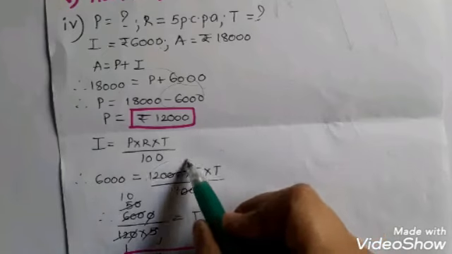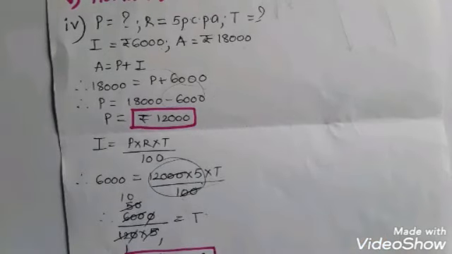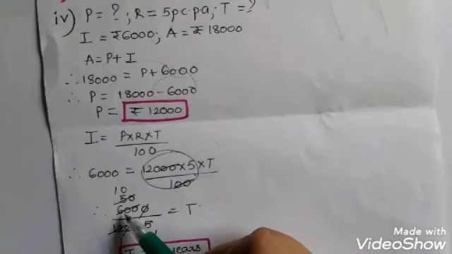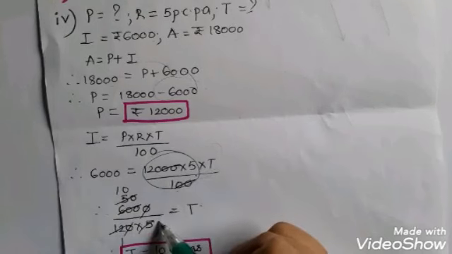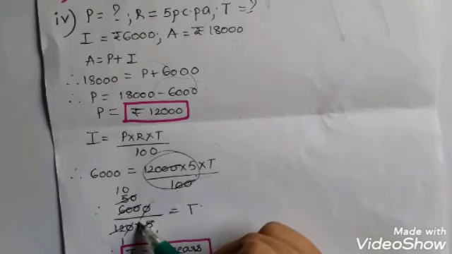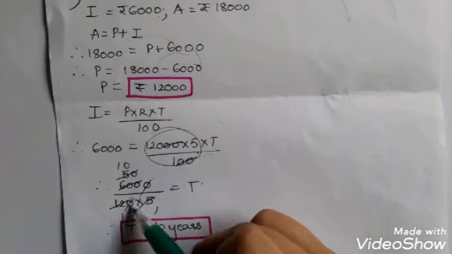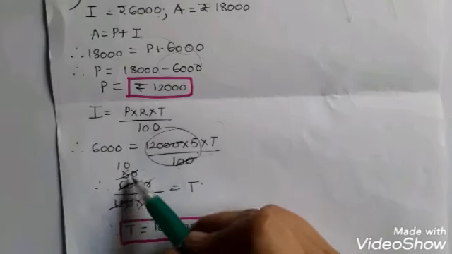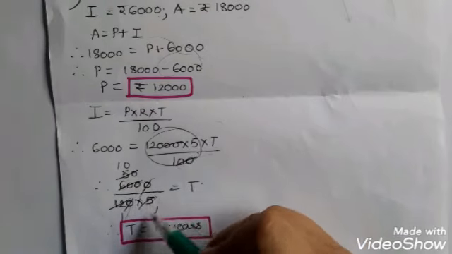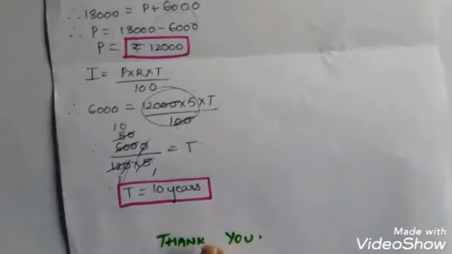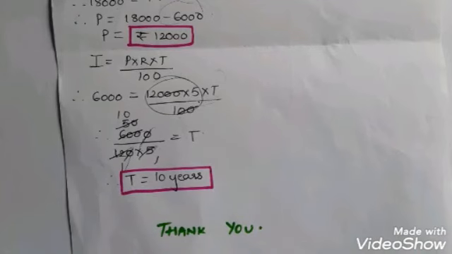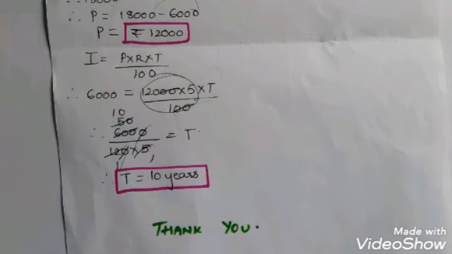Now I shift this 120 and 5 on the other side. So it becomes 6,000 upon 120 into 5. 0, 0 gets cancelled, right? Then 12 ones are 12, 12 5s are 60 and 0. So 5 ones are 5, 5 tens are 50. So time is equals to 10 years. So you got T is 10 years and P is 12,000 rupees.